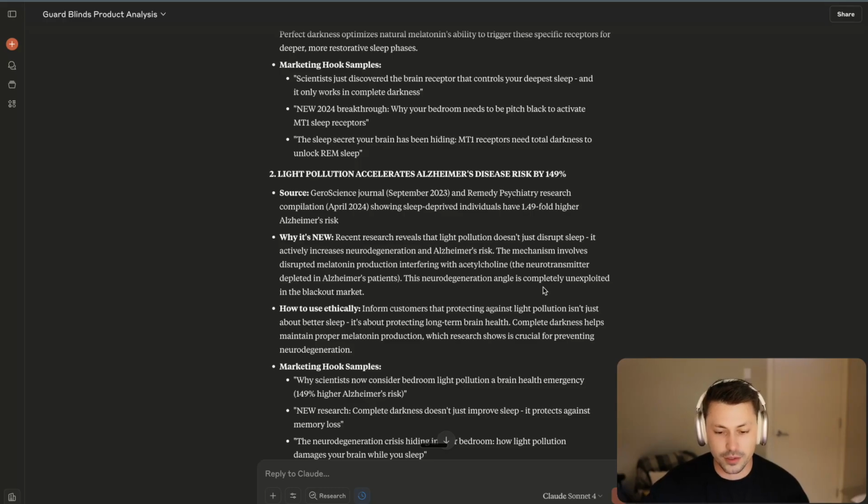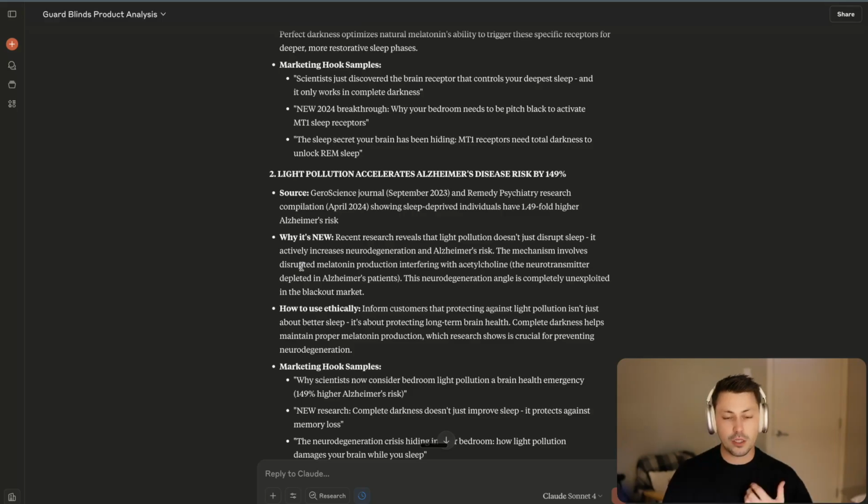So this angle is completely unexploited, and again, exploitation is a key word there, in the blackout market. So what I would be doing here, I would be looking at how essentially when you have light pollution in your room, it disrupts melatonin production. Okay. So that's kind of what I would be taking from this.